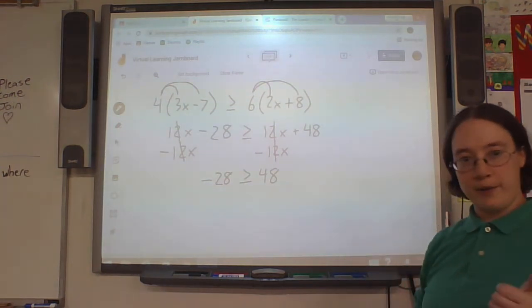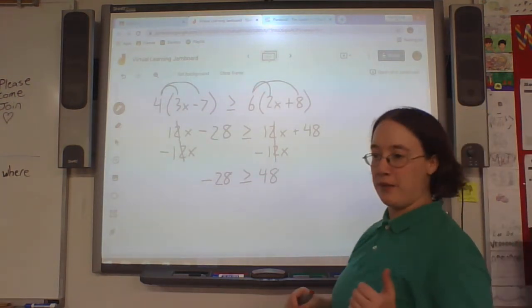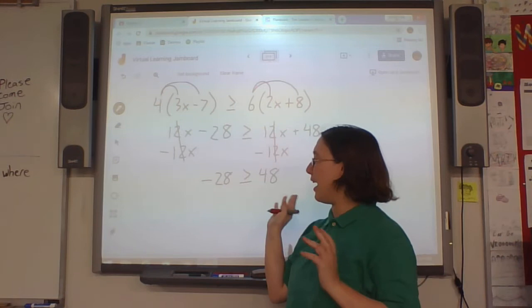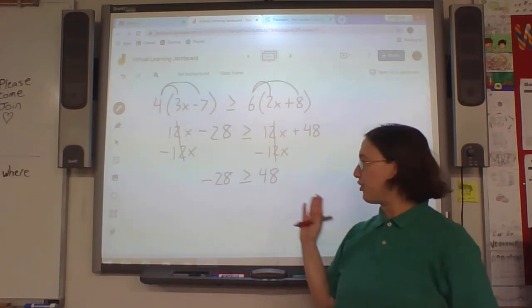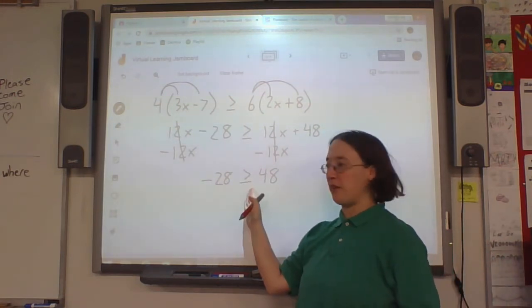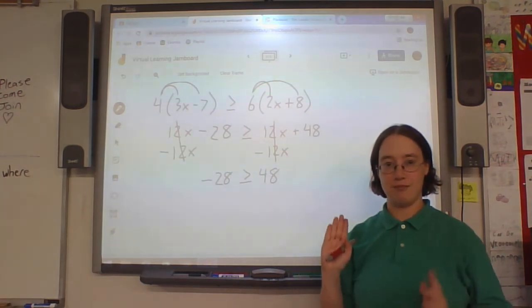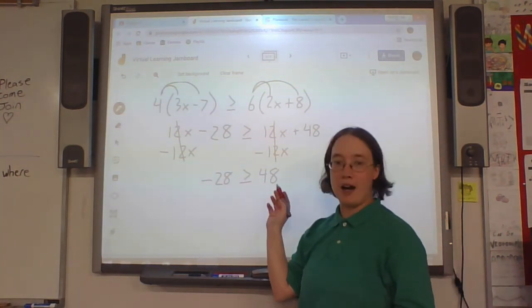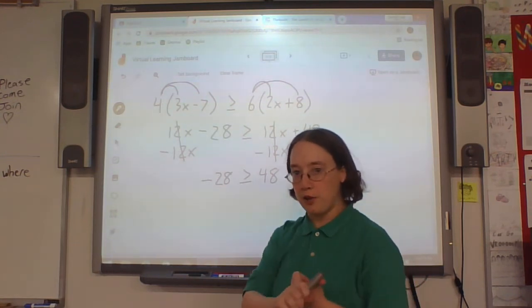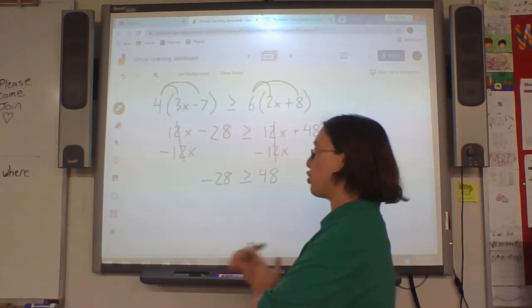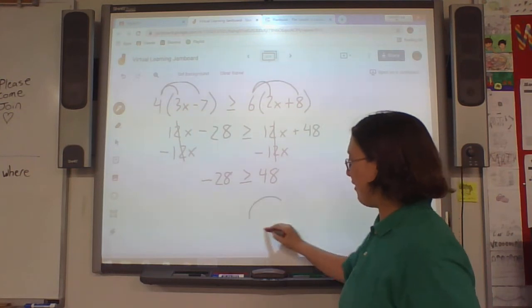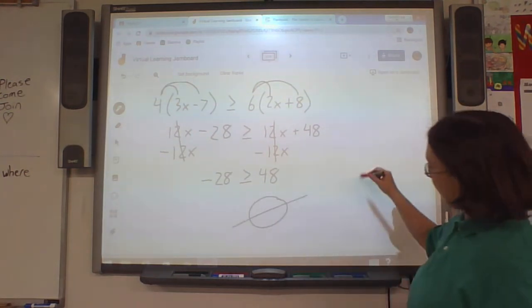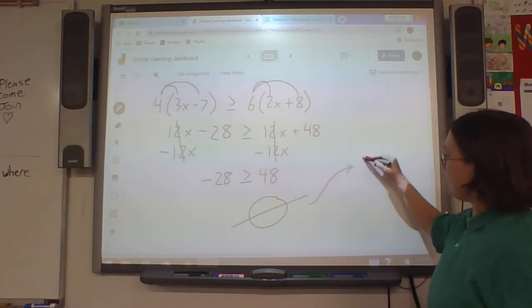If all of our variables are gone, then we can't really find x, so we're just looking at whether what we have left is true. So is negative 28 greater than or equal to 48? No, because a negative is not going to be bigger than a positive. So if all of our variables are gone and we've got something that's never true, that's no solution.